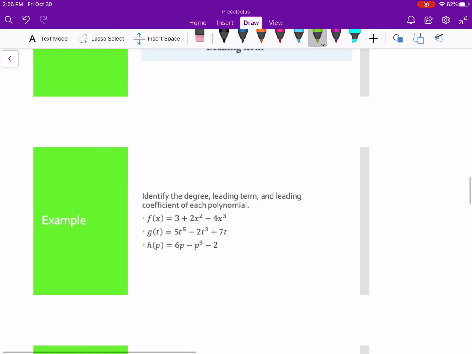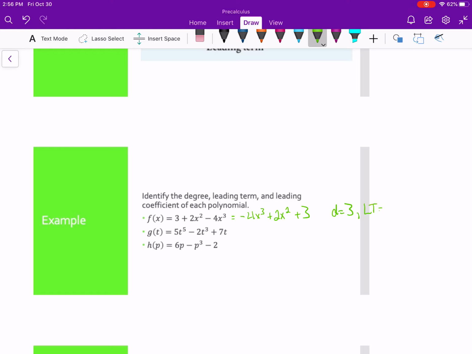So let's identify the degree, leading term, and leading coefficient. I want to write these in descending order. So if I rearrange it, it's negative 4x cubed plus 2x squared plus 3. In this case, my degree is 3, because that's my largest exponent.